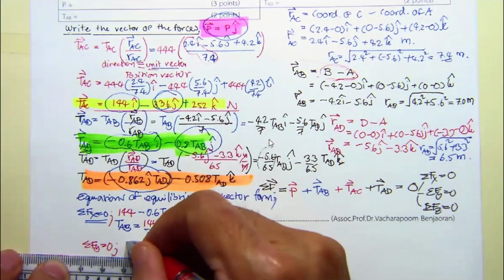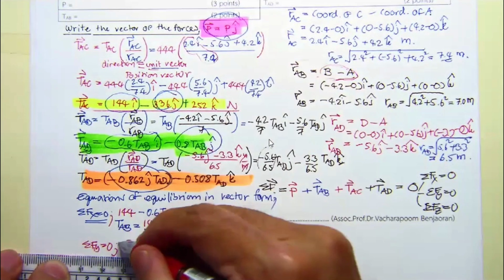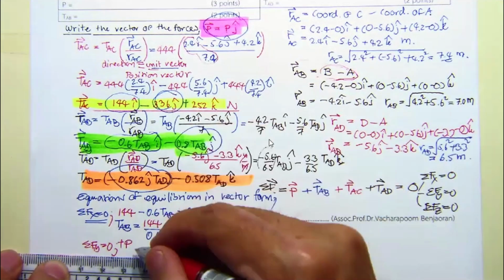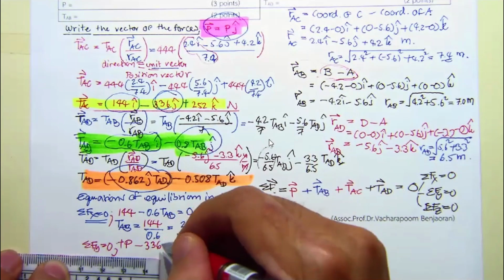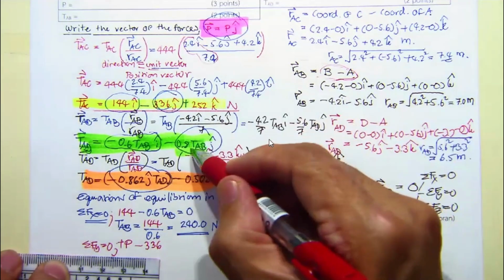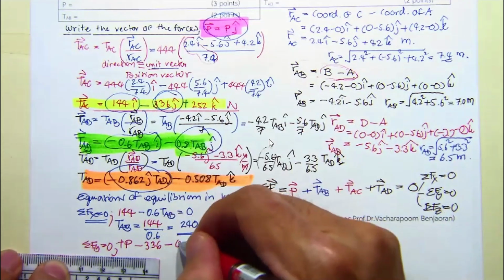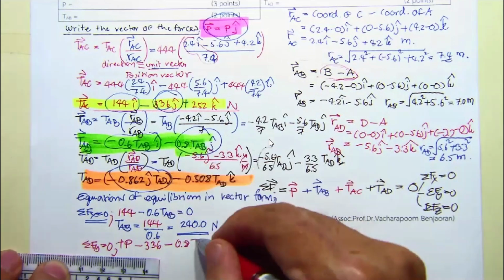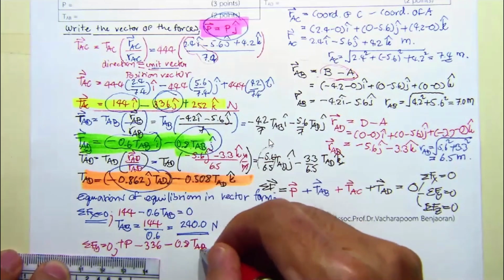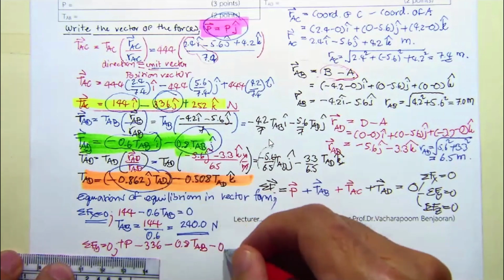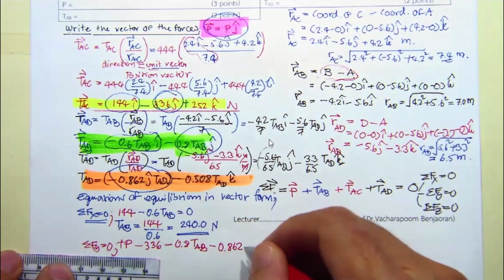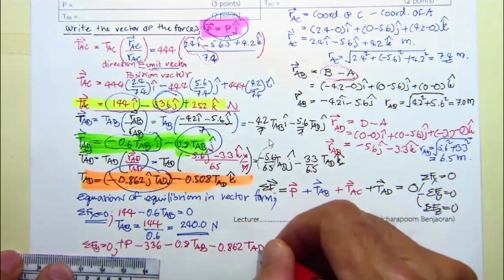This is going to be P, and then this is minus 336, and then this is minus 0.8 T sub AB, and then you have this one minus 0.862 T sub AD.